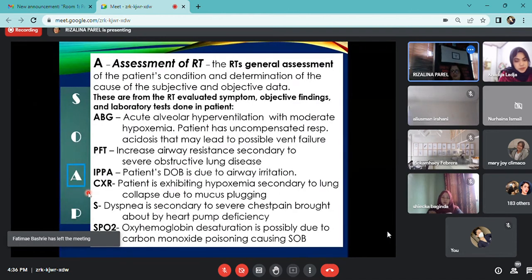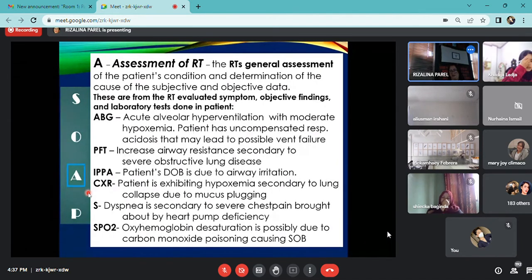Sa atin, incorporate natin yung terms na ginagamit natin para sa explanation ng condition ng patient. Patient is exhibiting hypoxemia secondary to lung collapse due to mucus plugging. Kasi through chest x-ray, nakita natin na meron siyang radio opacity in the lung area instead na radiolucency. So that means na baka meron siyang mucus plugging or there is lung collapse.